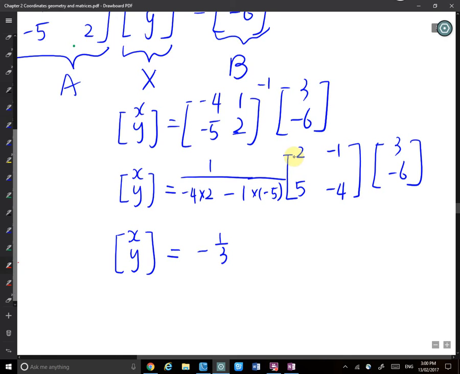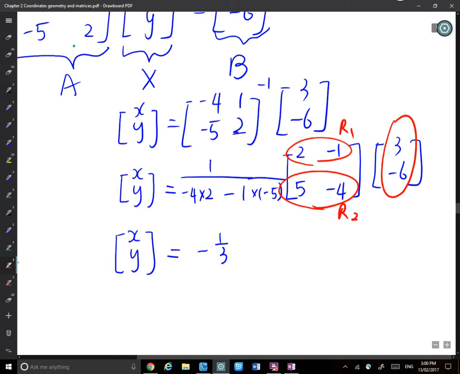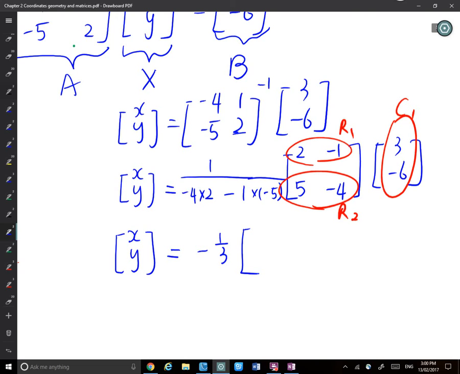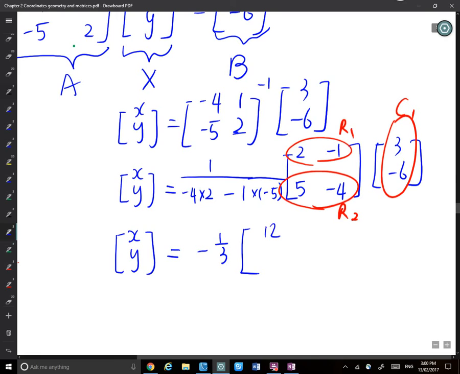What I should have here is a matrix with 2 rows and 1 column. So that's row 1, that's row 2, and that's column 1. Row 1 times column 1, 2 times 3, which is 6, 6 plus 6, which is 12.